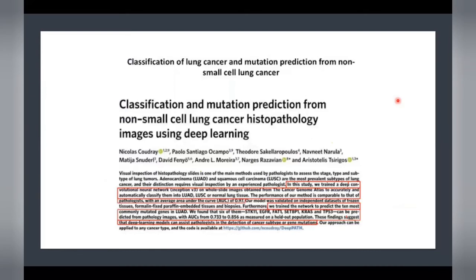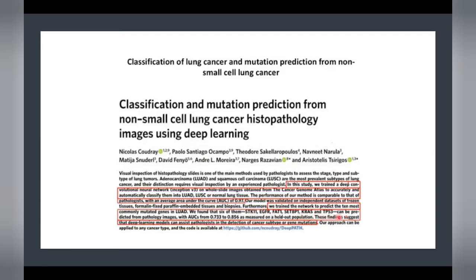And this is another big step in deep learning, where this study was used by Theodore, and he actually found out that he can train the machine to bring out the prediction of the mutations in the genes. He used STK11, EGFR, FAT1, SATBP1, KRAS, and TP53 gene mutation.